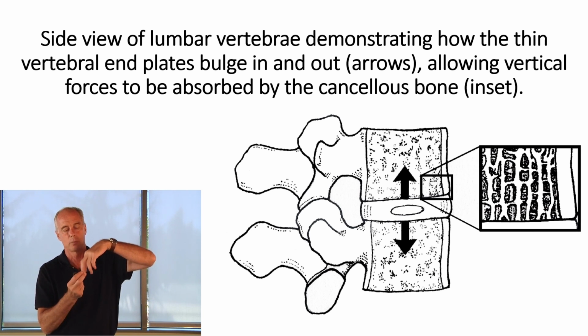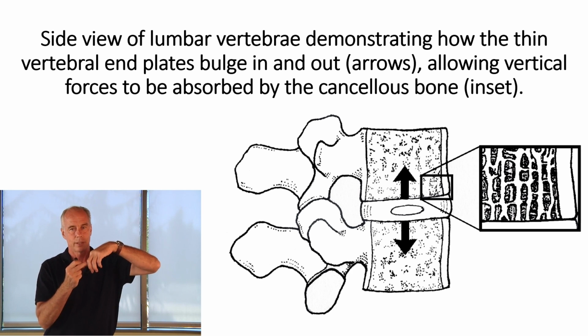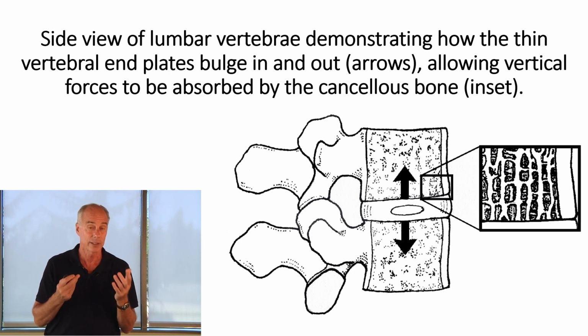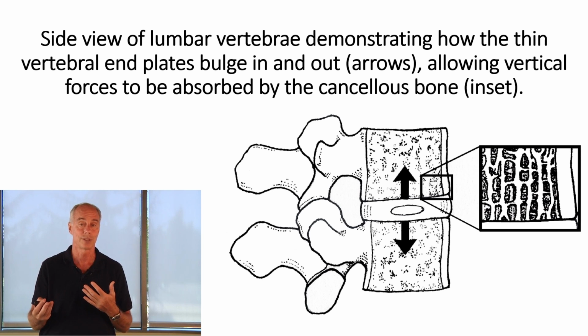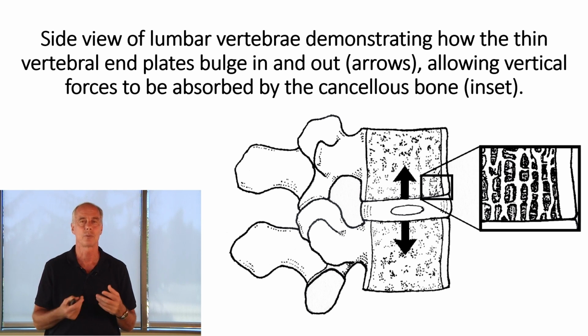So if the vertical ones move too much, the horizontal ones stretch a little, and then they can rupture if the force is too great, but they're repaired within a day. It's your body's way of coming up with a self-repairing process to manage the forces that have worked their way through the lower extremity into the lumbar spine. So it's not the discs that absorb shock, it's the up and down motion of the vertebral end plates.